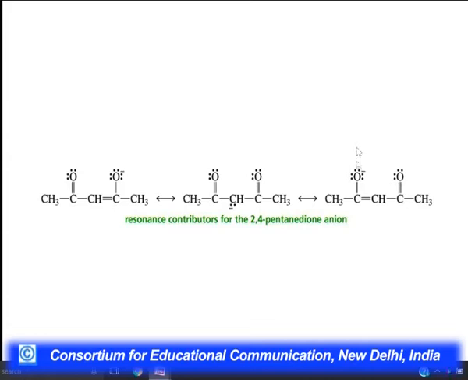Now when I talk of an enolate, what I mean is that an enolate ion has a negative charge on oxygen and a double bond between carbon and carbon. For the sake of convenience, we shall be doing the reactions with enolate ions, but we shall be referring to them as carbanions in our lecture today.